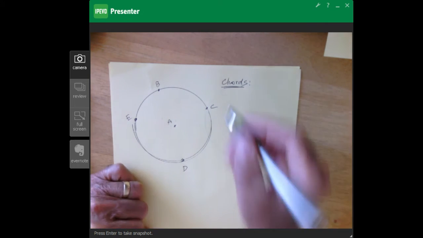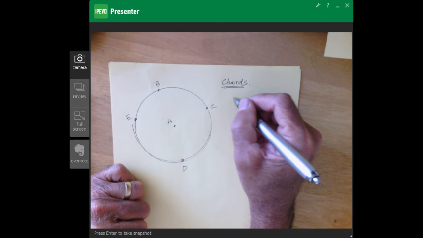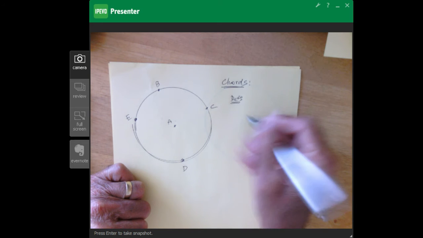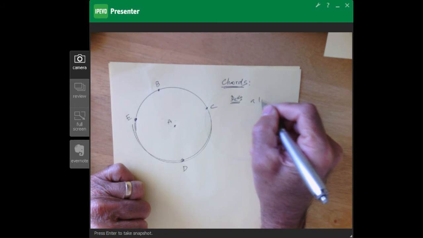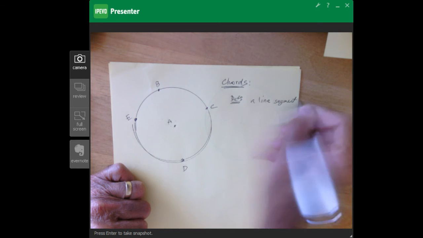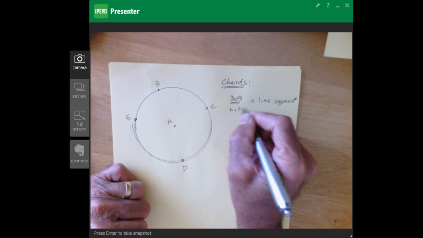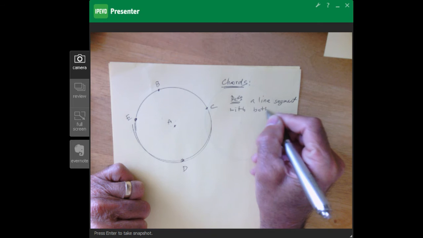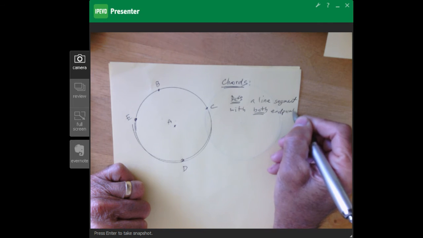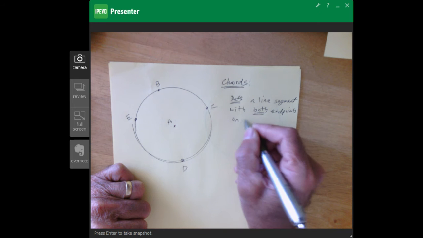So a chord is just a line segment. So our definition is it's going to be a line segment with both endpoints on the circle.